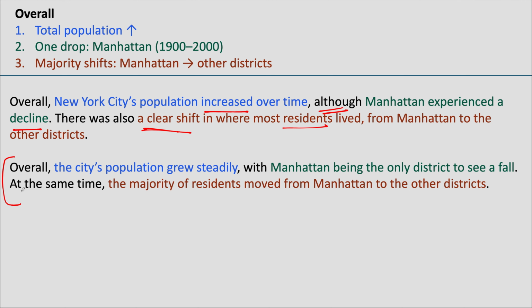The sentence structure is changed. And the ideas are connected using with and at the same time. Both overviews say exactly the same thing. They are short, clear, and they don't include any details or numbers. You can use either style in the exam. The important thing is to show the main trends, not the details.